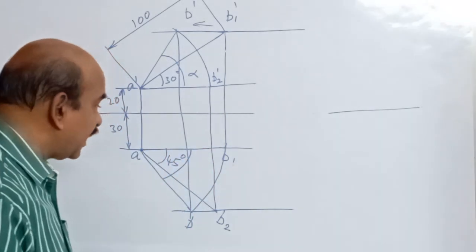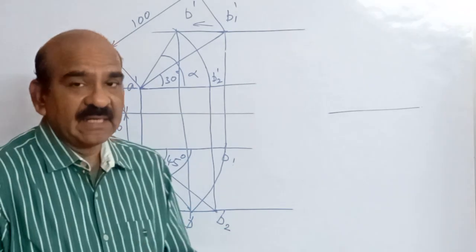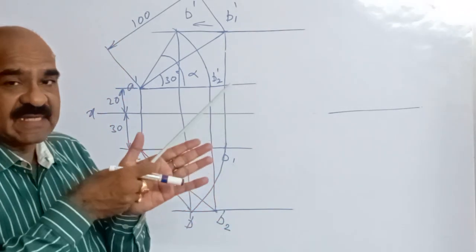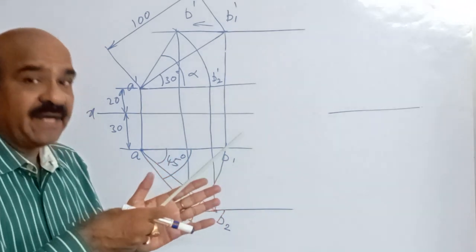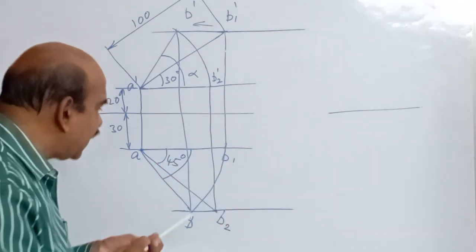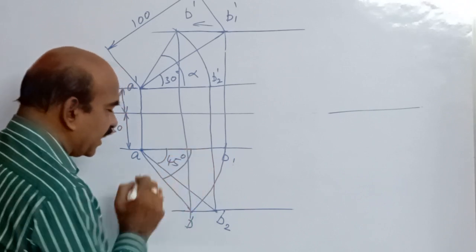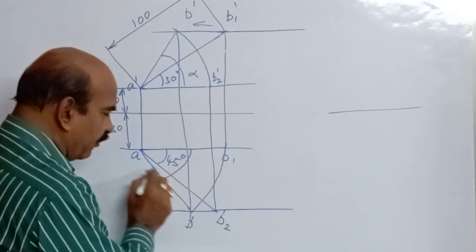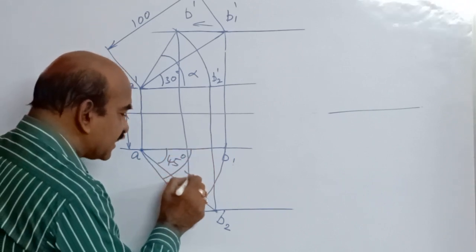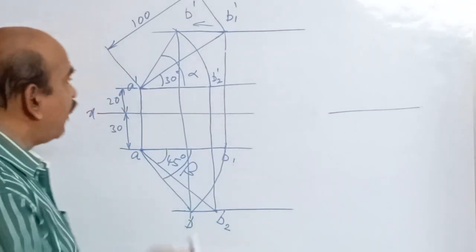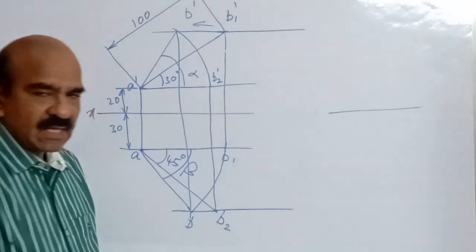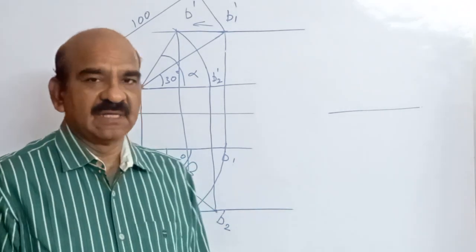It is the actual inclination of the line. We know that it is making 45 degrees angle only with VP, but it appears to be making more inclination with VP. So we call this the apparent angle and it is named beta. Alpha and beta are the apparent angles.